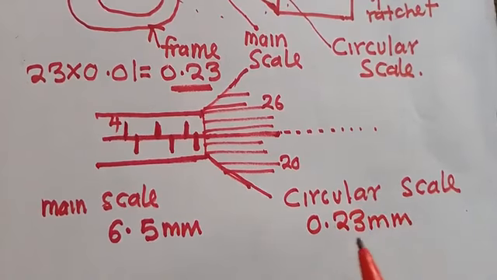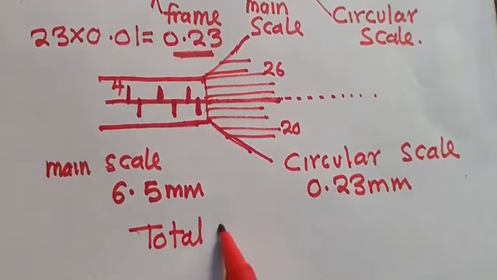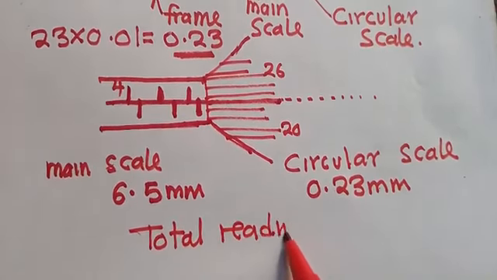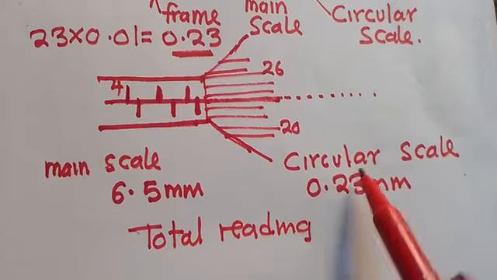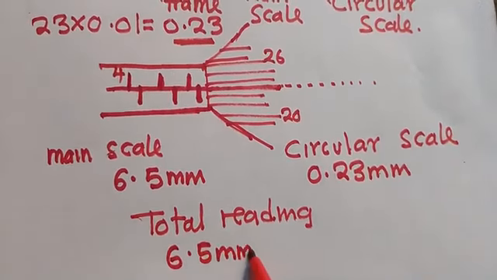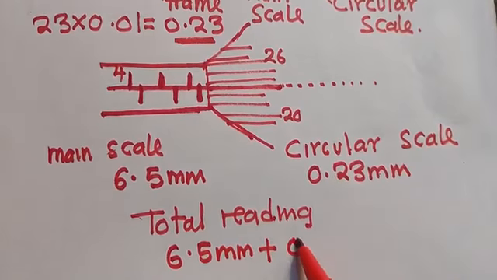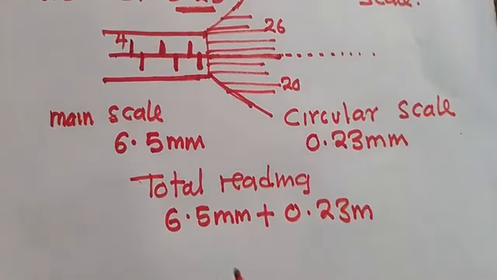Then you just add these two. So the total readings: you add the main scale and you add these two. 6.5 millimeters plus 0.23 millimeters. What will be the total answer there?